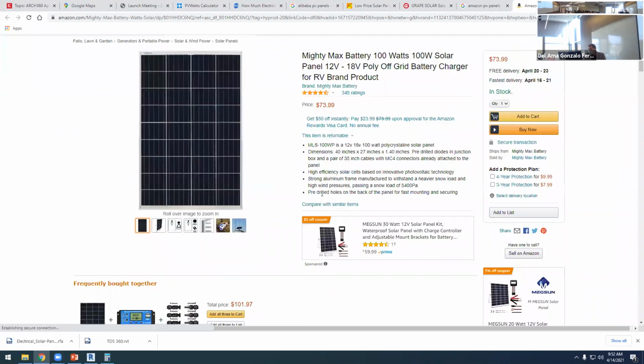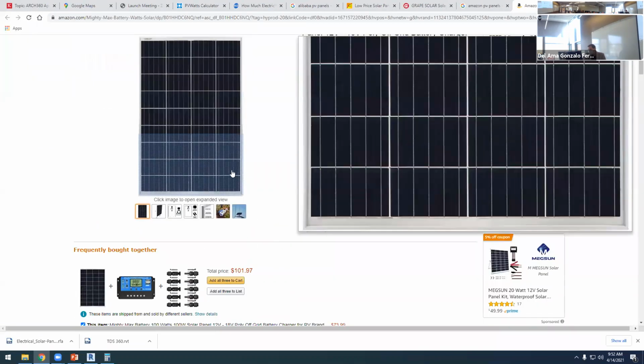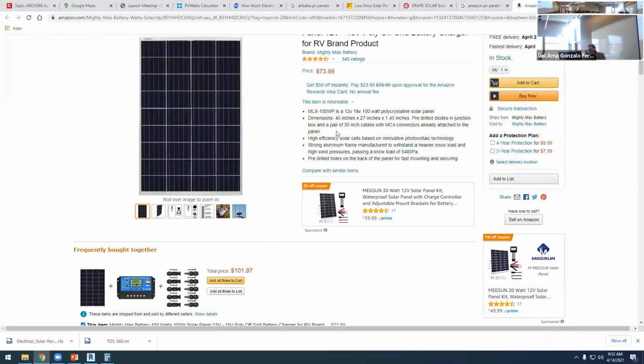Okay. But we do need the dimensions. So a picture is not enough. You need to show me the specifications. So here we have dimensions, and this is just 100 watt. It can be because of the efficiency, or it can be because this panel is smaller than others.